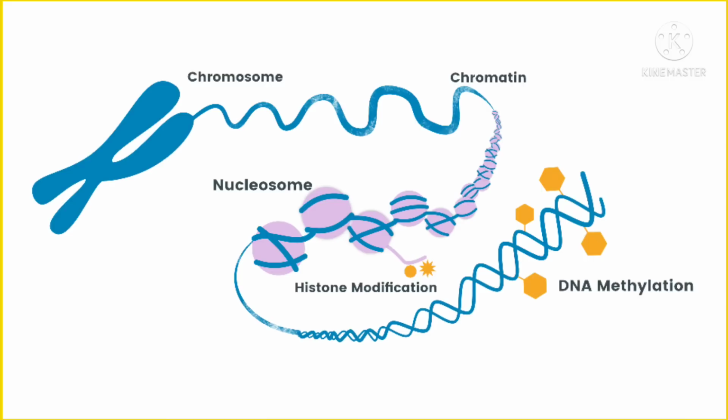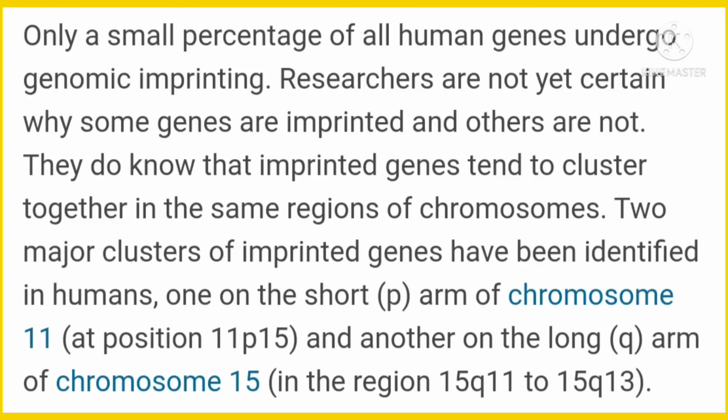Only a small percentage of all human genes undergo genomic imprinting. Researchers are not yet certain why some genes are imprinted and others are not. They do know that imprinted genes tend to cluster together in the same region of a chromosome.